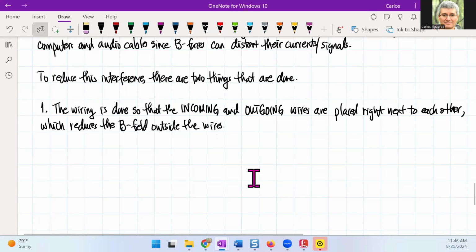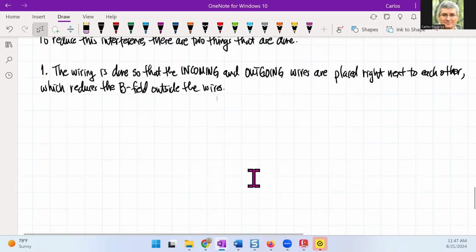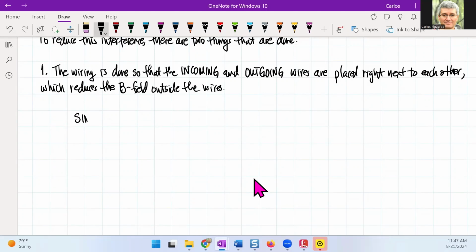So what I'm saying here is that if I have a single wire, I can have a wire like this. And let's say that this is the wire that's coming in.